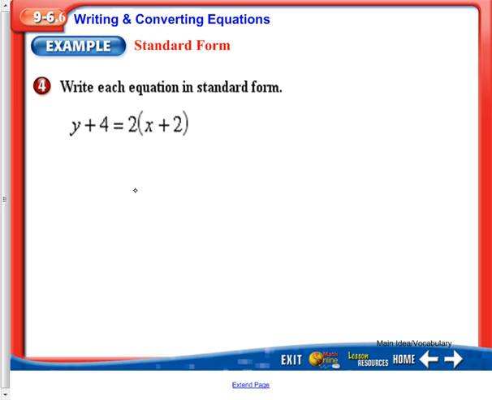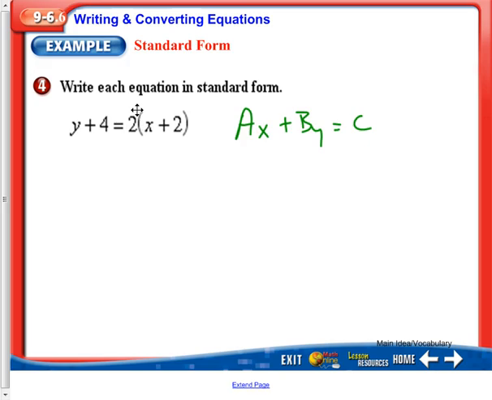All right, so write each equation in standard form. Just so we remember what standard form is, I'm going to write it over here. You should all start by writing standard form: ax plus by equals c. So we need to get it so that we have an x first, y second, and then c is over here. All right.